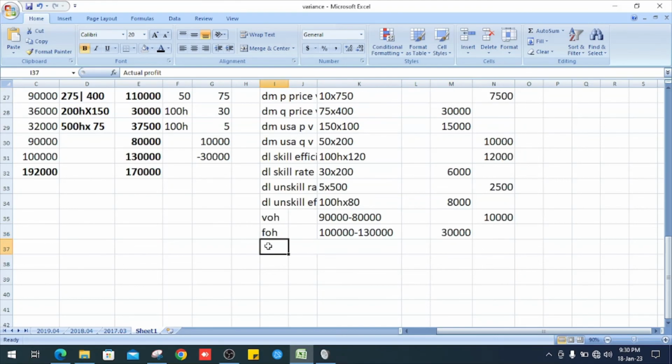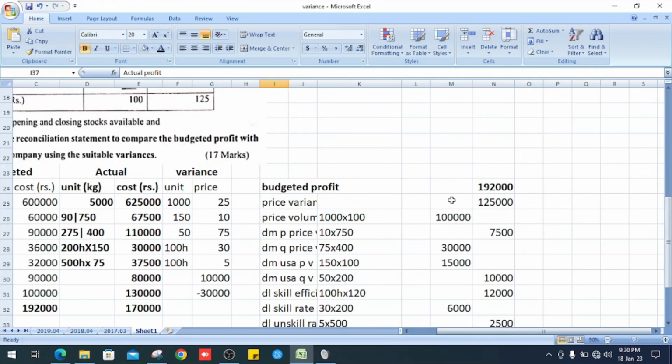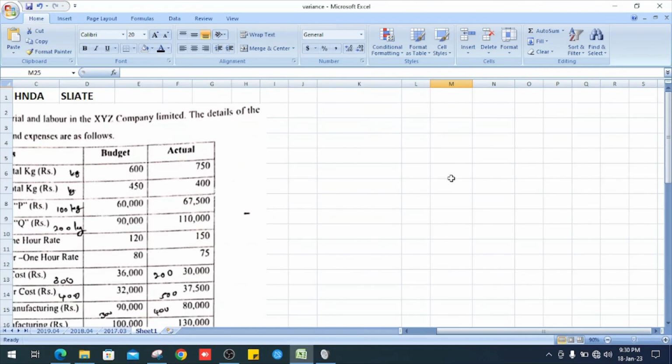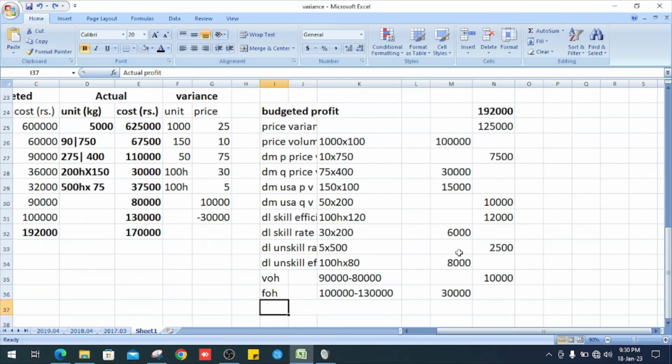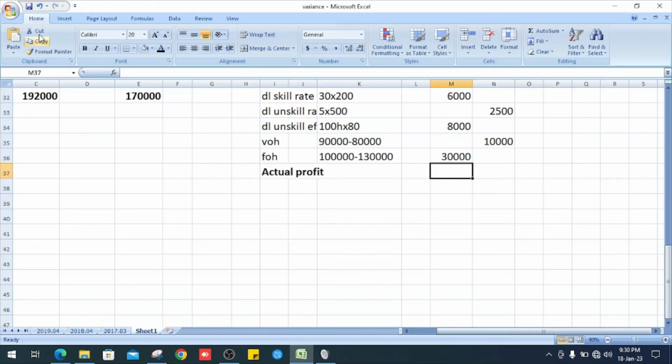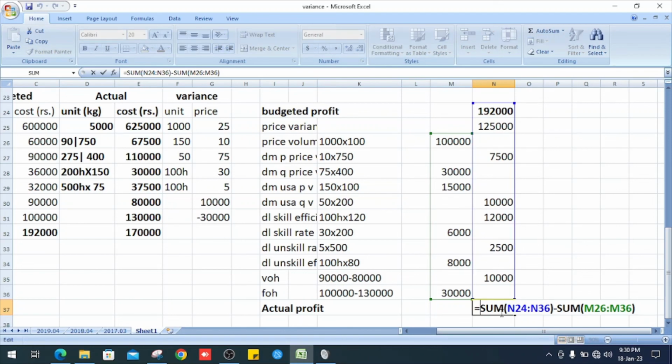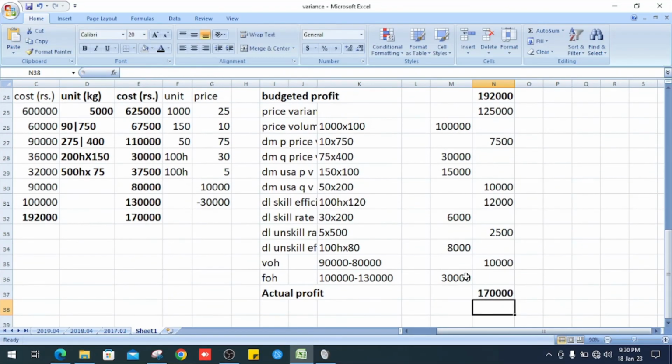Finally we get the actual profit: the budgeted profit plus the favorable values and minus the adverse column values, and it is 170,000.